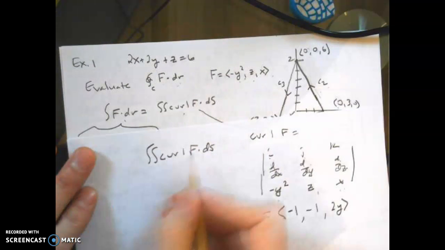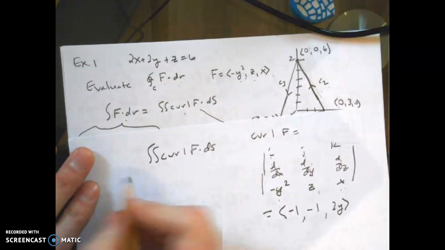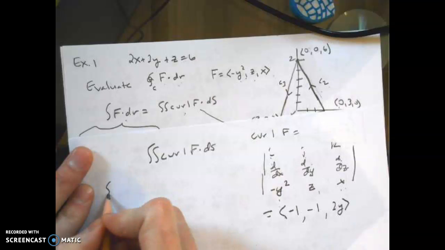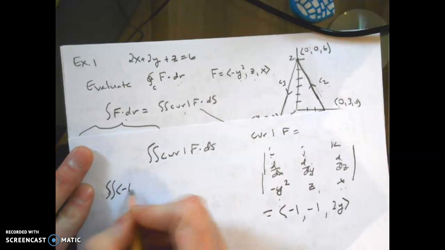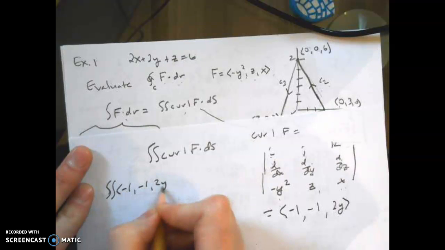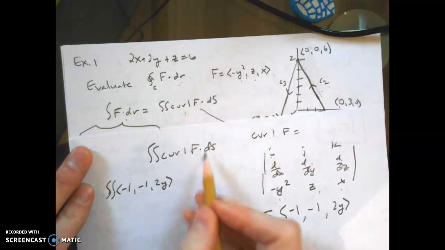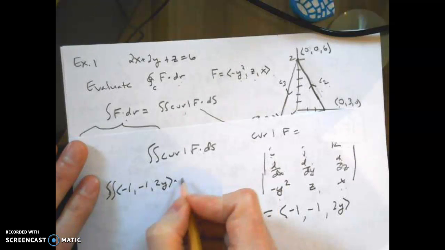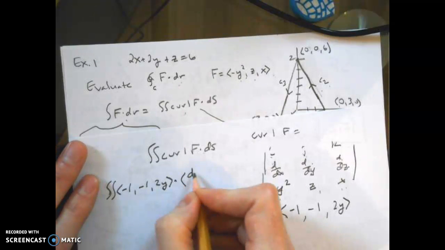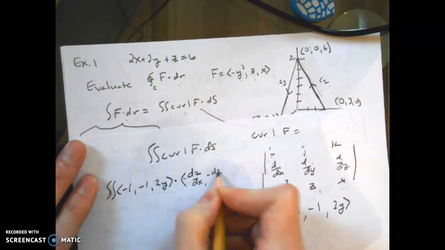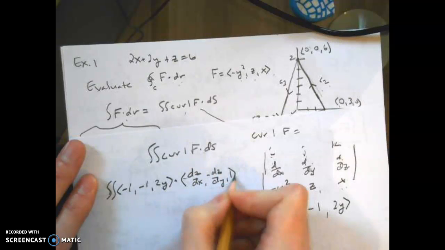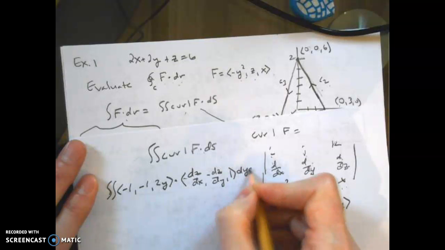So the curl of F is equal to negative 1, negative 1, 2y. Remember when z is a function of x and y, I'm going to dot this with opposite dz dx, opposite dz dy, and 1 dy dx.